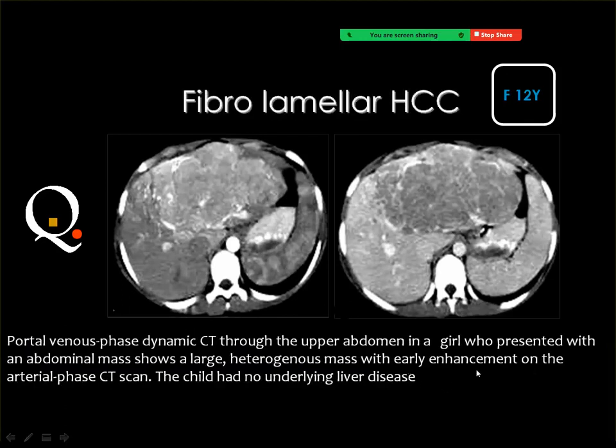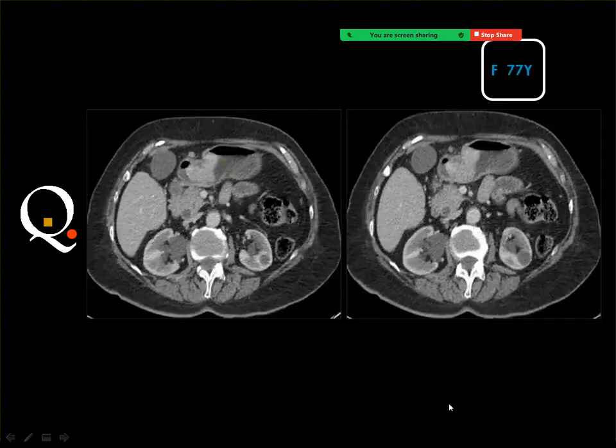The age incidence of hepatoblastoma is below 5 years, and the age incidence of fibrolamellar HCC is around 20 years, plus or minus. And the irregular type of hepatocellular carcinoma is, of course, seen in adults.